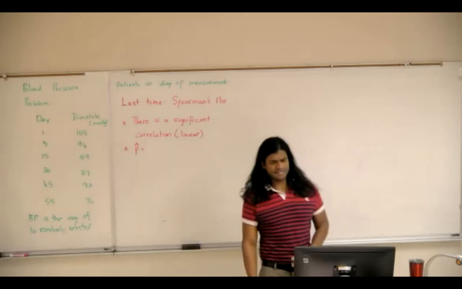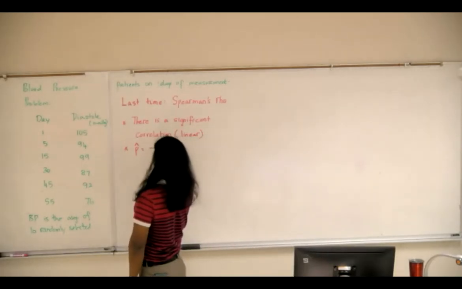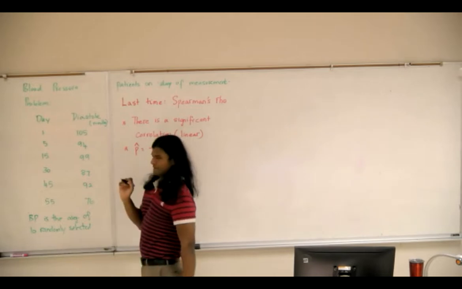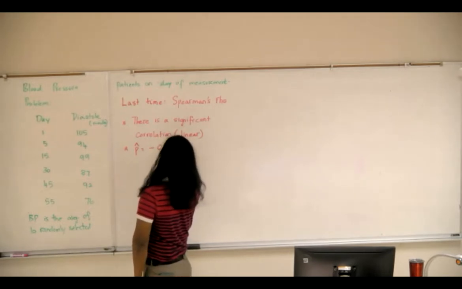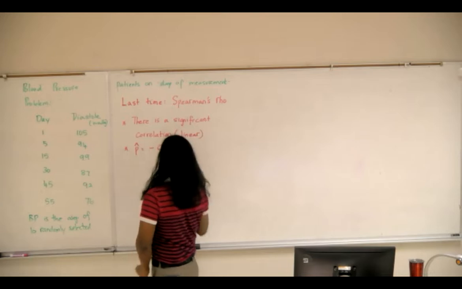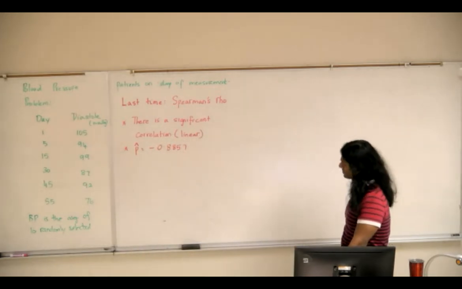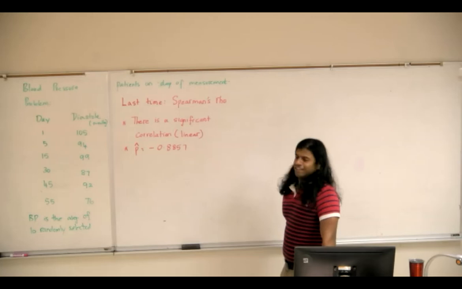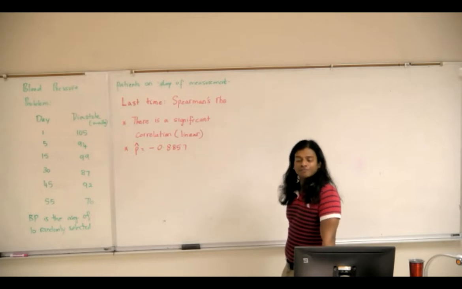It was negative 0.8865. So close. Maybe it's a rounding issue. Yeah, maybe it's a rounding issue. Love that sarcasm. Negative 0.8857. So, a good amount of correlation.